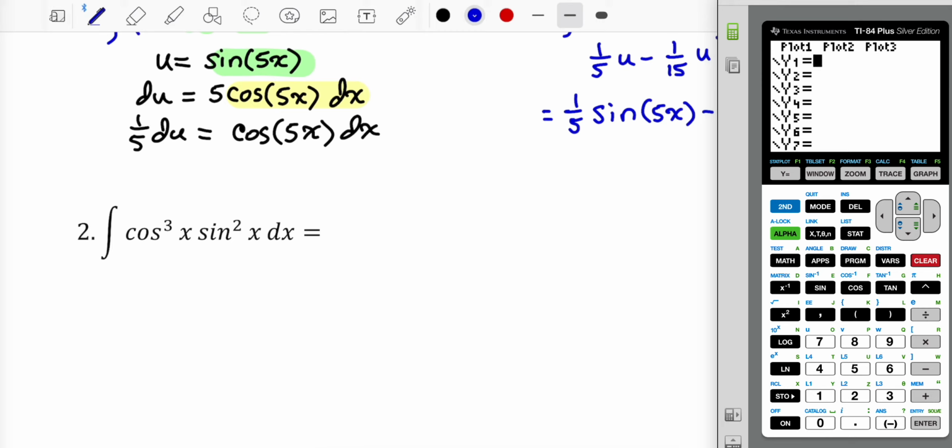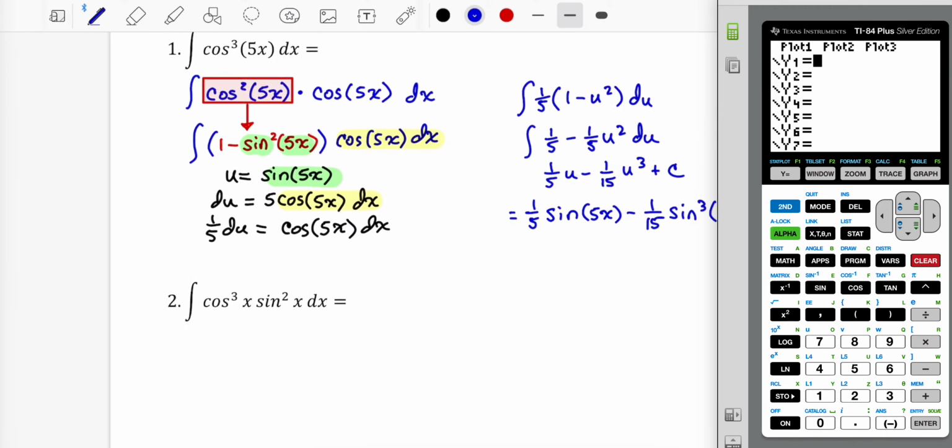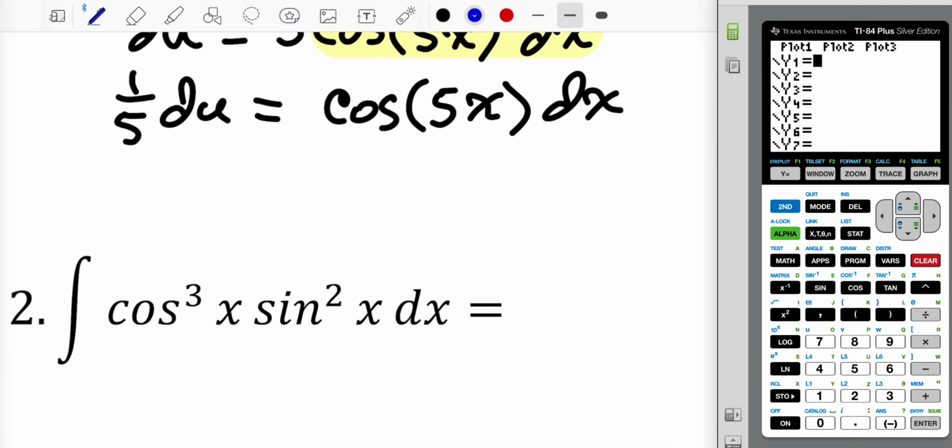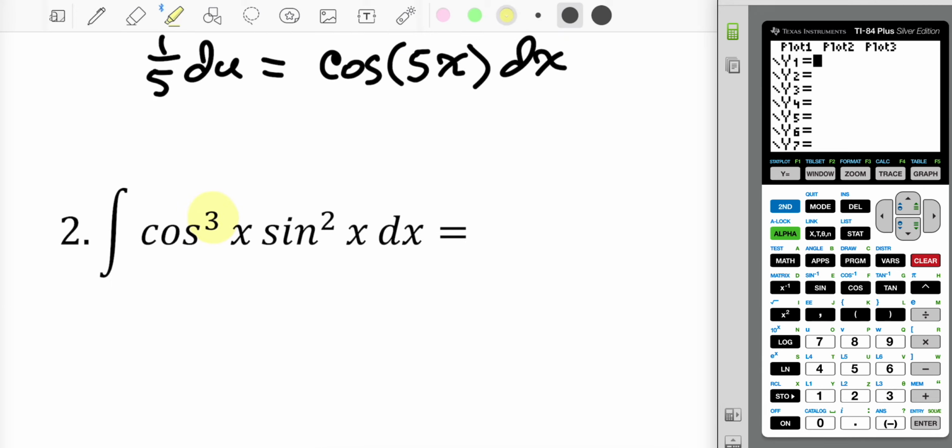I could replace the sine squared with a 1 minus cosine squared. But then I'll be in the same boat as I was with number 1 initially, in that I'll have everything in terms of cosine and nothing to cancel it out with. So what I'll do is follow the strategy. I see an odd power for cosine. I'll save a cosine.